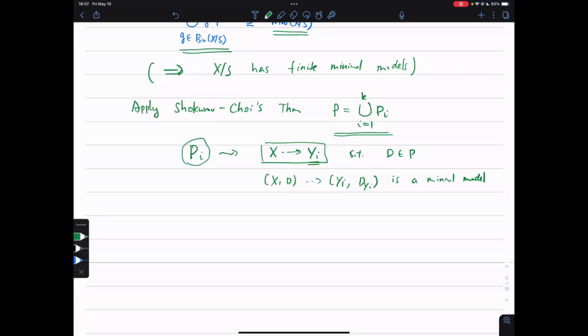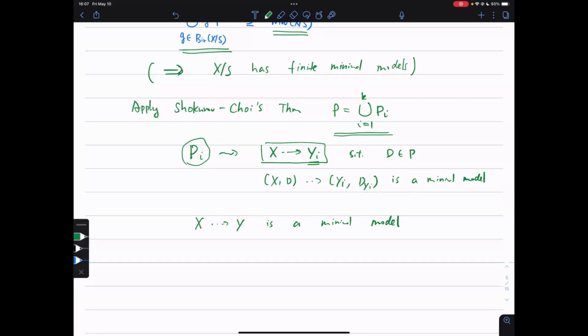And I want to show that if X has a minimal model, it must be one of the Y_i. So let me take a minimal model Y. Then we can do the following.